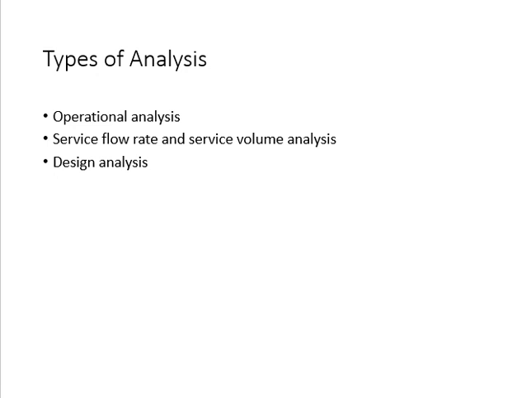These 3 analyses, what they mean: operational analysis means finding out the level of service of an existing highway. Then the second one, service flow rate and service volume analysis, means finding out the maximum flow rate and maximum volume for each level of service on a highway.